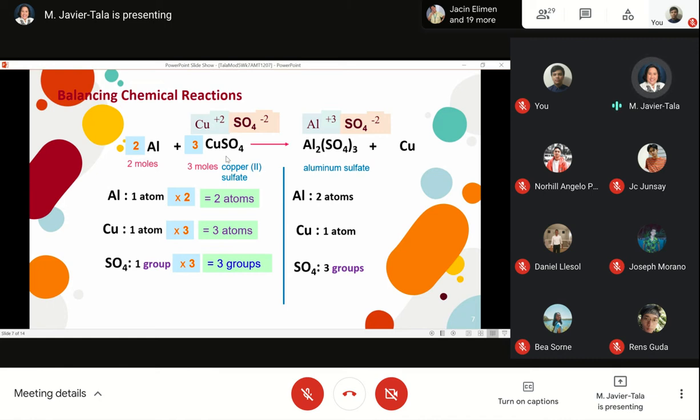So if you will look on the other side, on the product side, we multiply copper by 3 so that there will be 3 atoms also. Okay? So please check again. 2 atoms of aluminum, both on the reactant and product sides. Then 3 atoms of copper, reactant and product side.